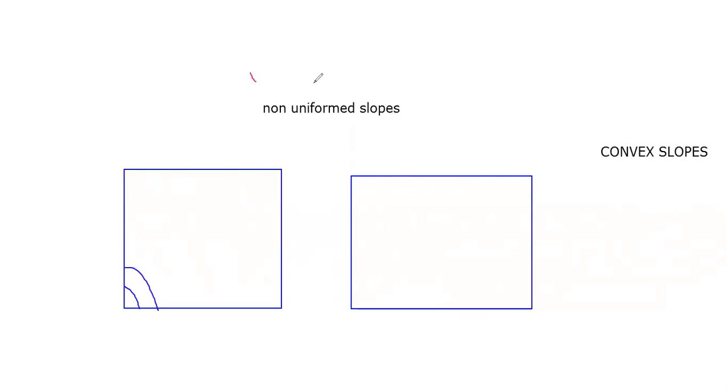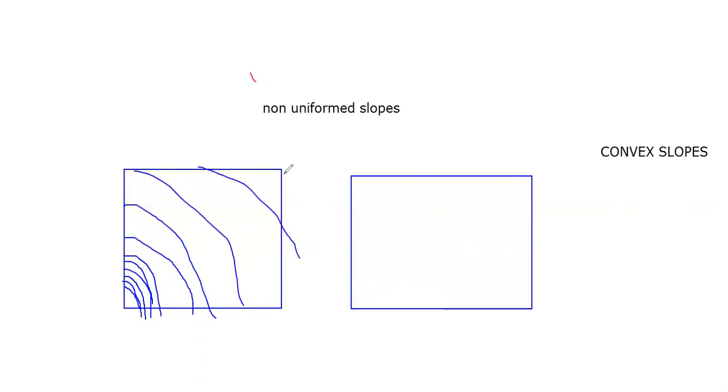Oh, yeah. So you notice that the contour lines here are very close together. Don't mind me drawing outside of the lines, right? And then you notice that it gradually gets larger and larger and larger, right?